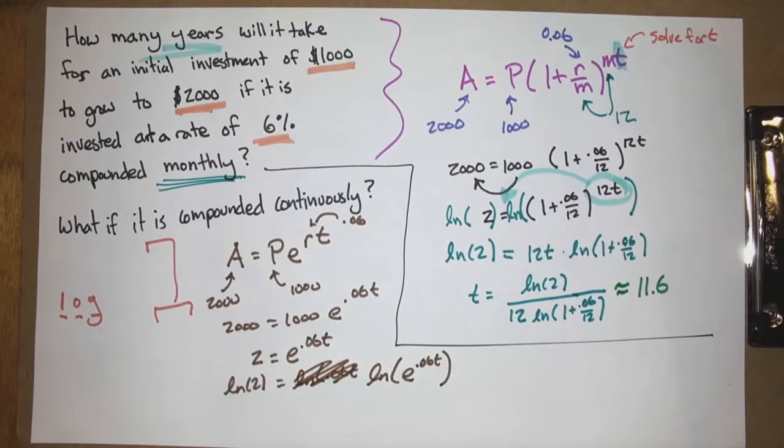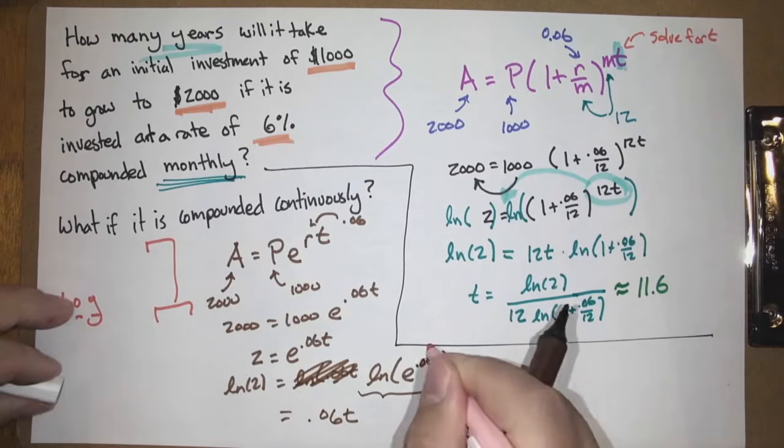But what's another way to write natural log of e to the 0.06 t? This will become 0.06 t. Now you might say, wait, hold on. I thought you just said the only thing that happens is that your exponent comes down.